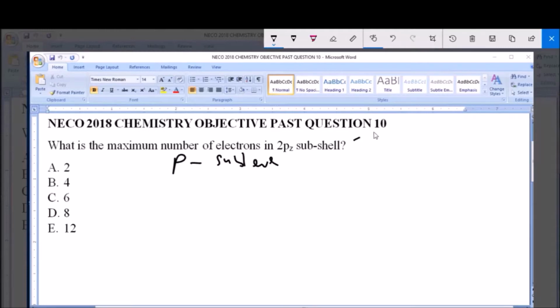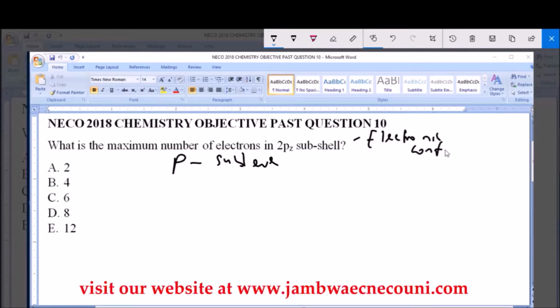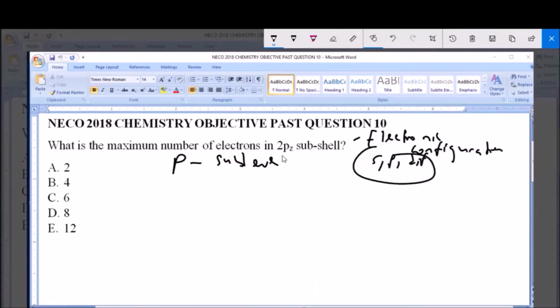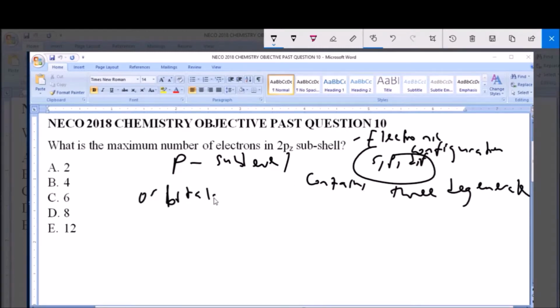when you are talking about electronic configuration, using the SPDF levels, the P sublevel contains what is known as three degenerate orbitals, and those three degenerate orbitals are the px, the py, and the pz.